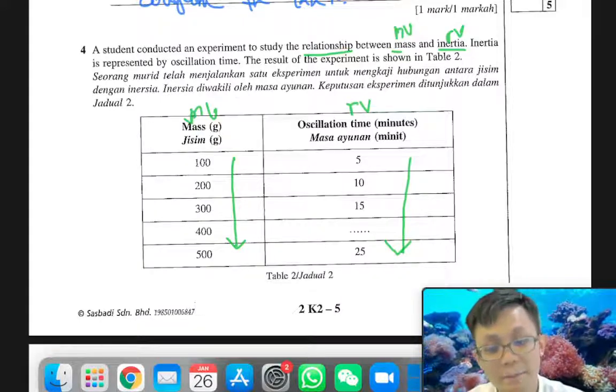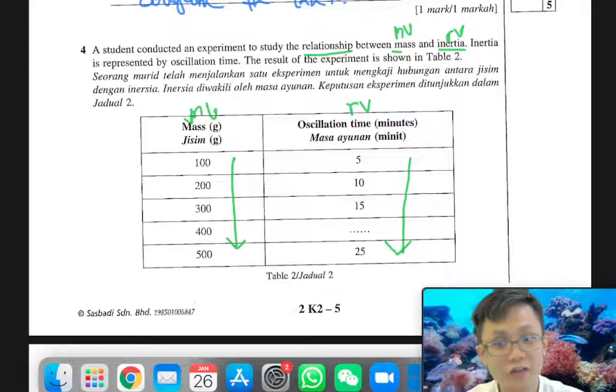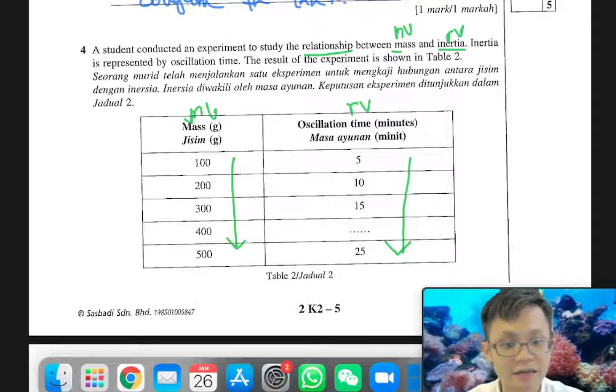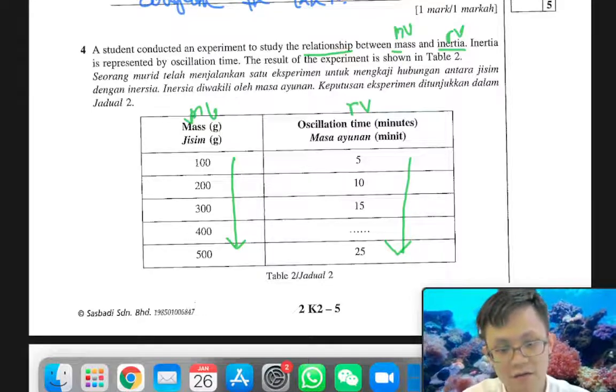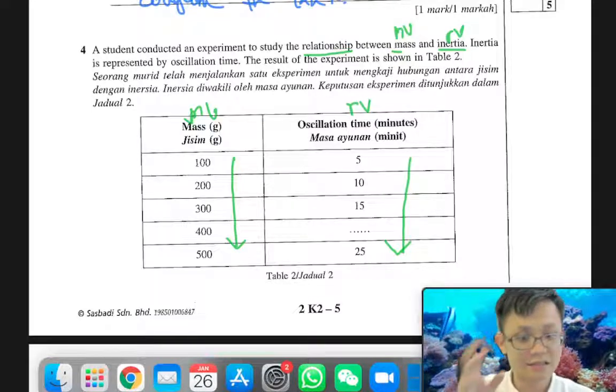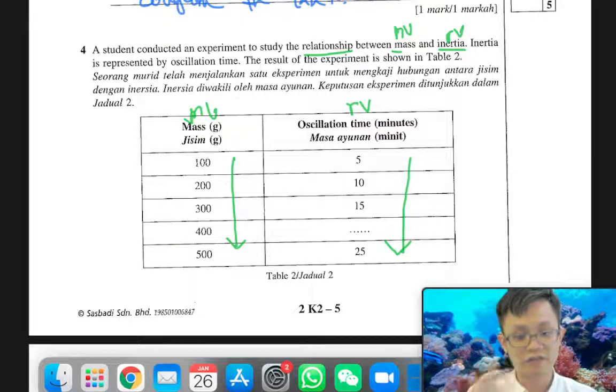So they are talking about matter. A matter will continue at the state of rest or at the state of a certain motion, and it will resist, even when you stop it is still moving.